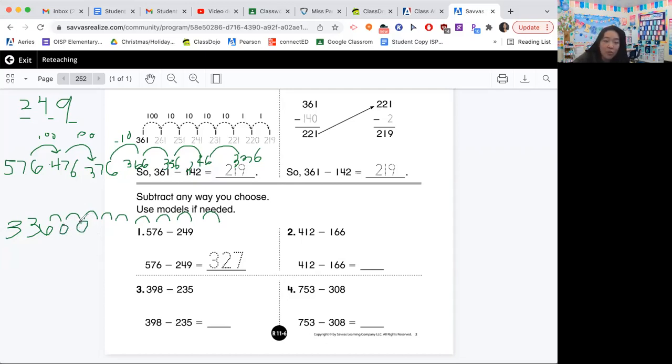Right here would be 334, 333, 332, 331, 330, 329, 328, 327. Okay, now I'm telling you, some of these ways, it's going to be a lot of work.